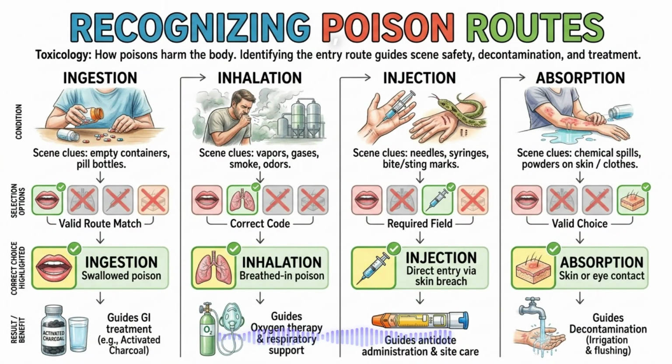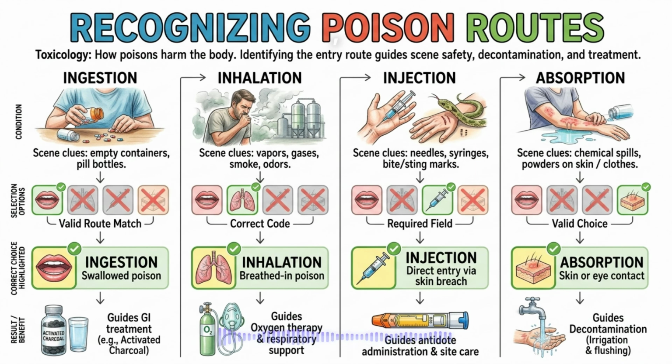Toxicology is the study of poisons and how they harm the body. Which brings us to the management of drug overdoses and chemical exposures. A poison can enter the body through 4 distinct routes, which are ingestion, inhalation, injection, and absorption through the skin.